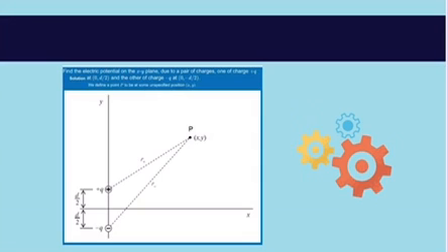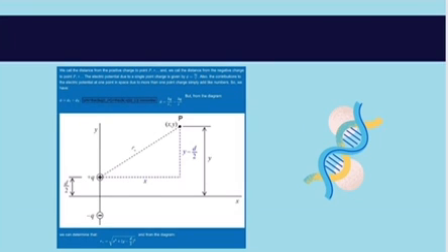Next, we call the distance from the positive charge to point P r positive, and we call the distance from the negative charge to point P r negative. The electric potential due to a single point charge is given by kq divided by r.